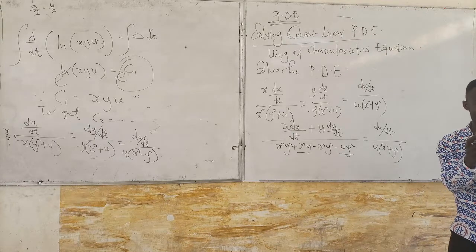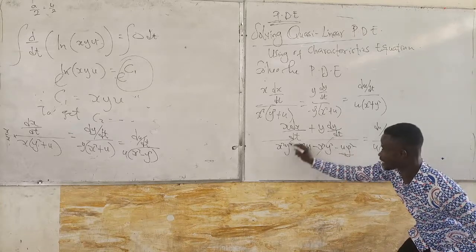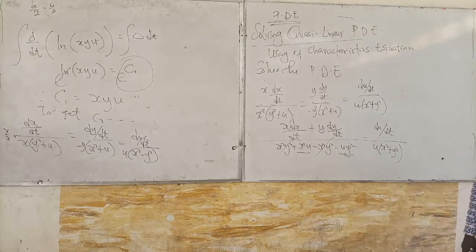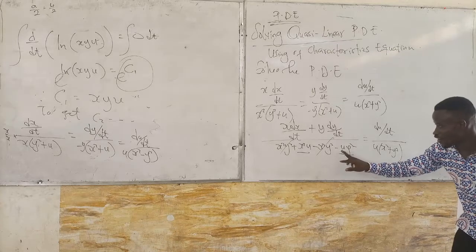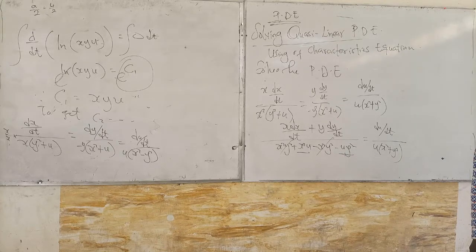So now this and this, you can factorize it, and you can get the same as this.